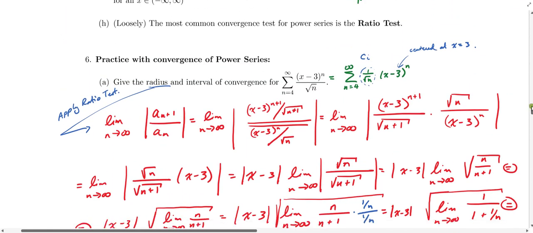So just to reiterate, if I built the function f of x equal to the sum from n equals 4 to infinity of x minus 3 to the n all over the square root of n, the domain of this function is from 2 to 4. That's the domain of this function. If I take any x value and plug it in, I will get a finite value outputted from this function.